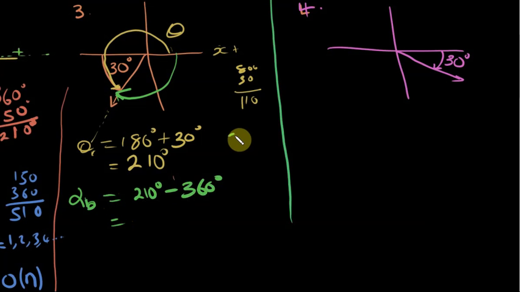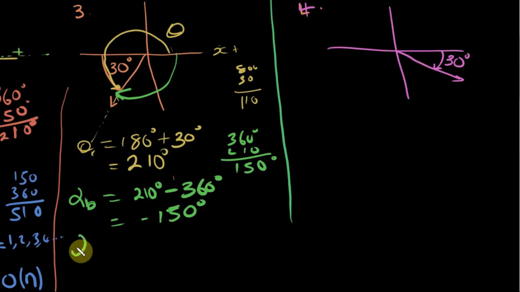Let's do it here quickly. 210, 0, 6 minus 1, that is 5. 3 minus 2, that is 1. 150 degrees. So minus 150 degrees is just one of the coterminal angles.